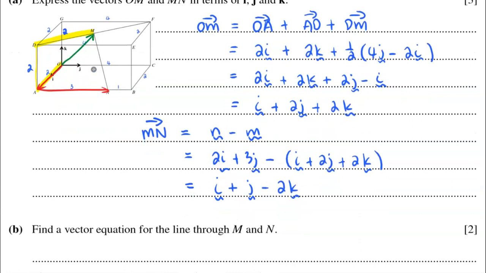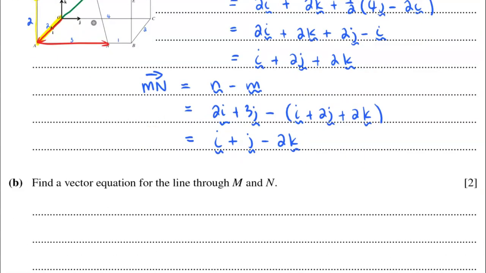For the vector equation of a line through MN, we need two parts. We need a point on the line and we need a vector in the line. Well, we have a vector in the line. MN is the vector in the line. And we also have a point on the line because M is a point on the line, N is also a point on the line. So either of those will do. And so for the vector equation, we can just say the vector r is equal to the point M. All right, we better write it.